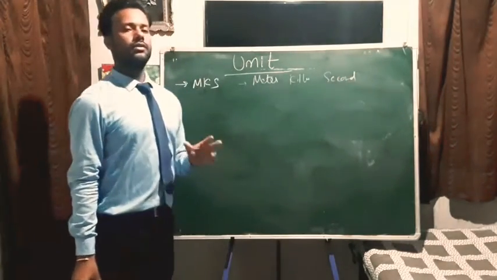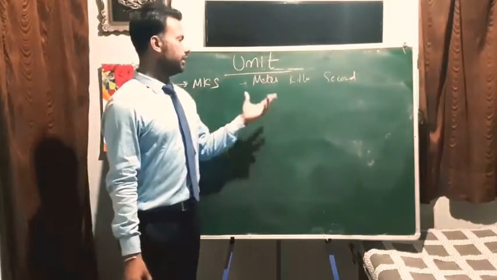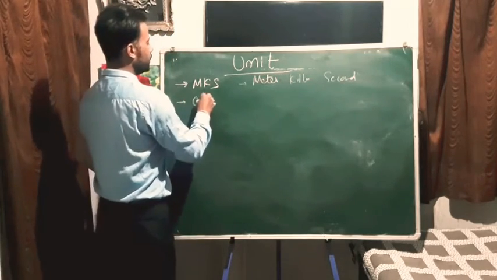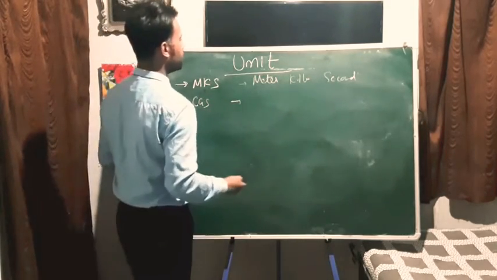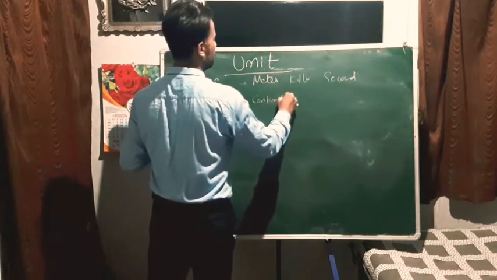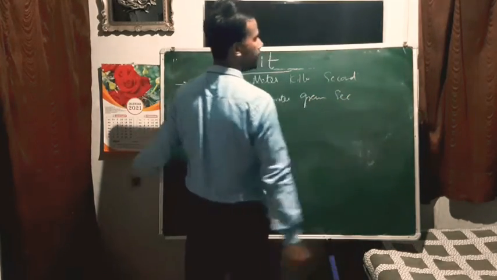It means the three main quantities, length, mass and time, are given in meter, kilogram and second. Second we have CGS. In CGS, length is in centimeter, mass in gram, and time in second.